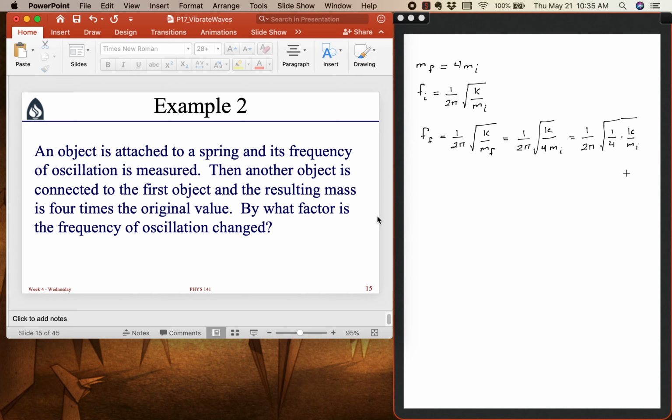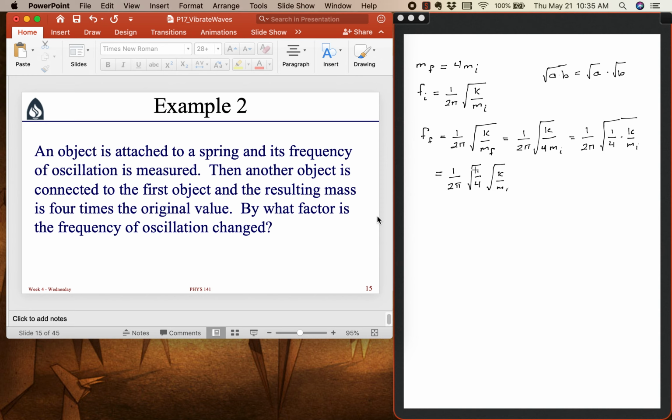So then we can also use the property that if you have the square root of a times b, that's the same thing as the square root of a times the square root of b in order to break up this square root. So that's going to be equal to 1 over 2 pi times the square root of 1/4 times the square root of k over m initial.